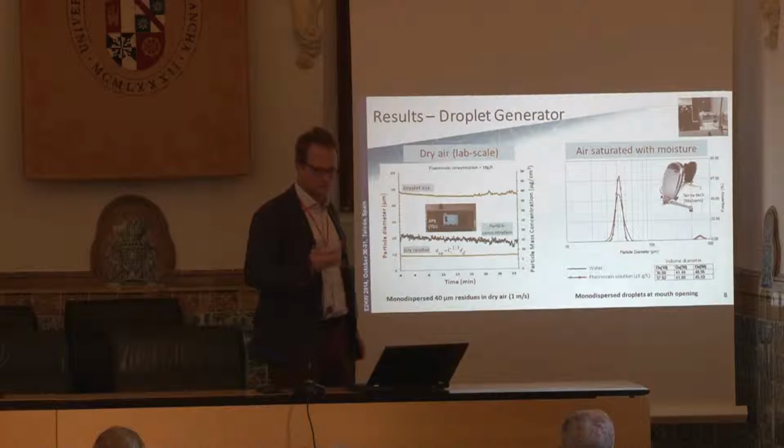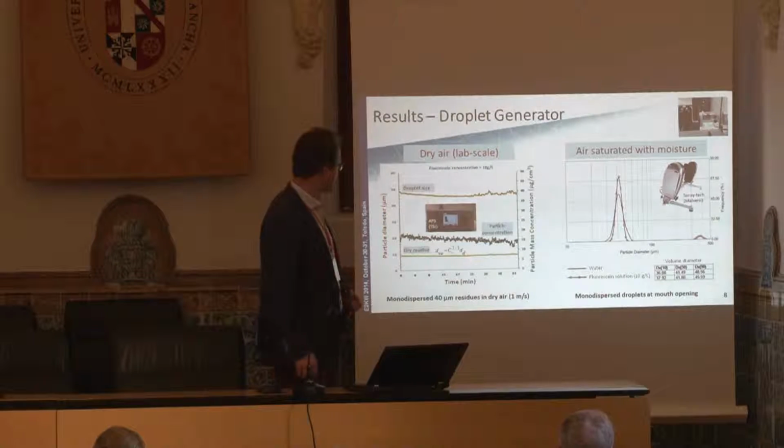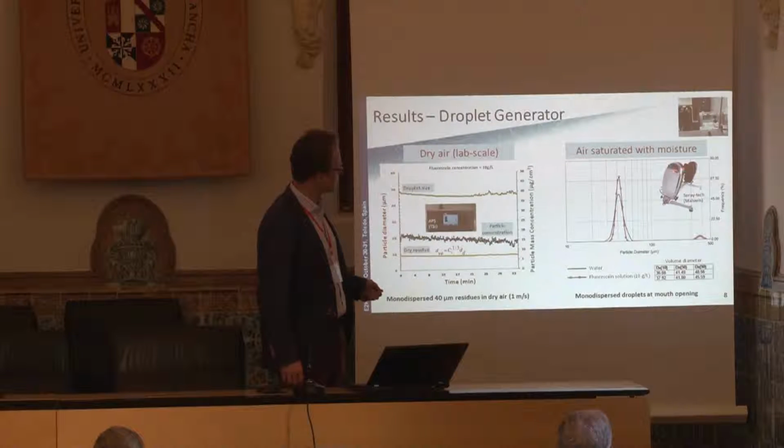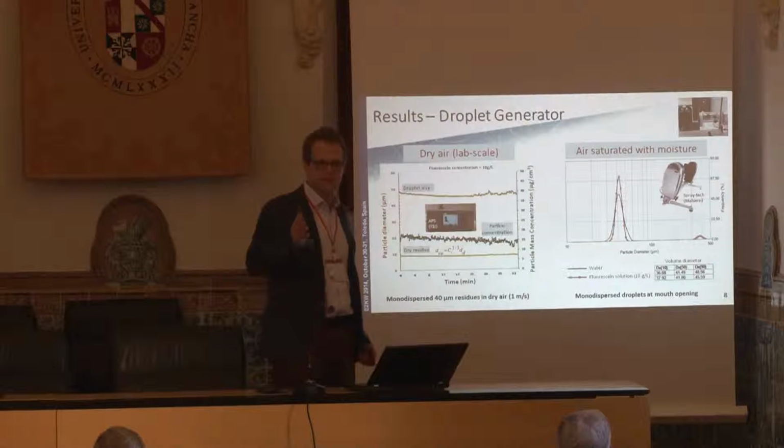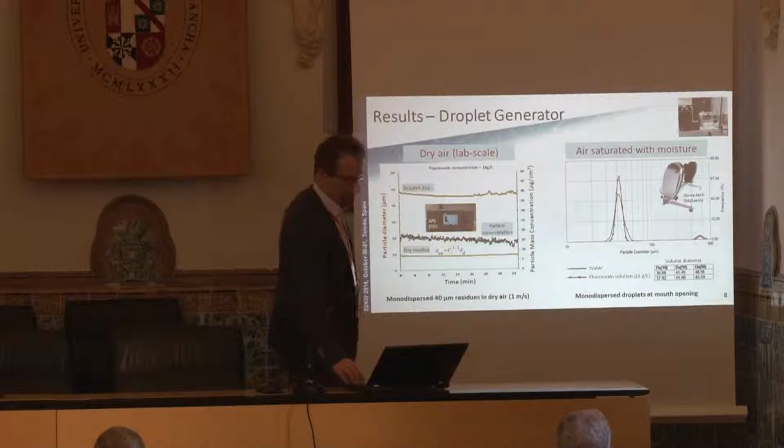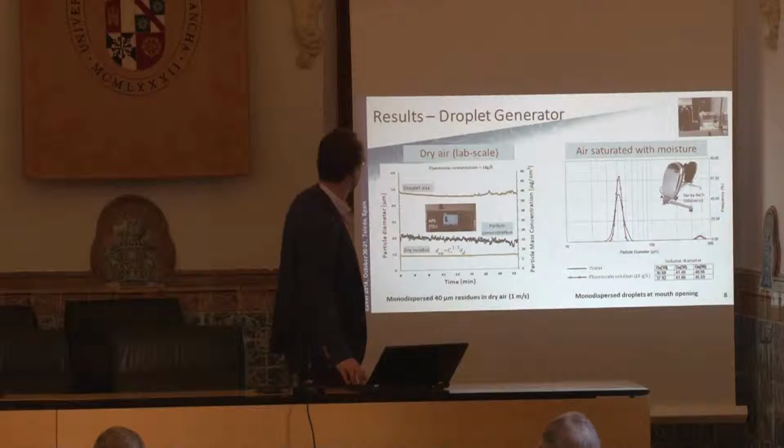We have to be sure that it's very stable in size. And we also measured, at the mouth opening, the droplets size. We can see here that it's quite monodispersed. So that was our goal. It was good news for us.